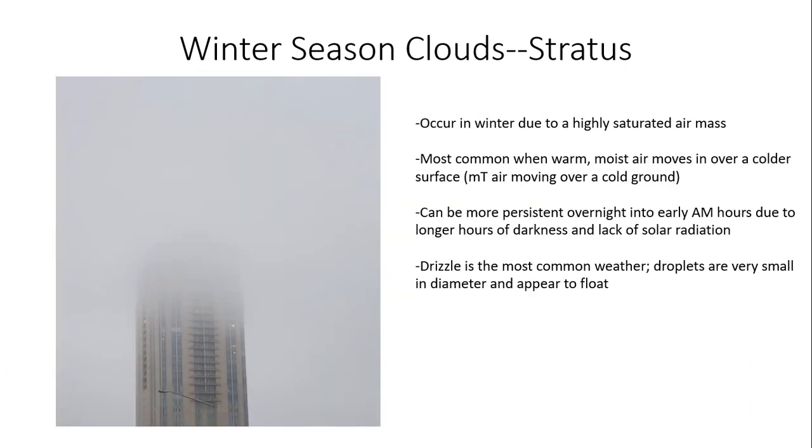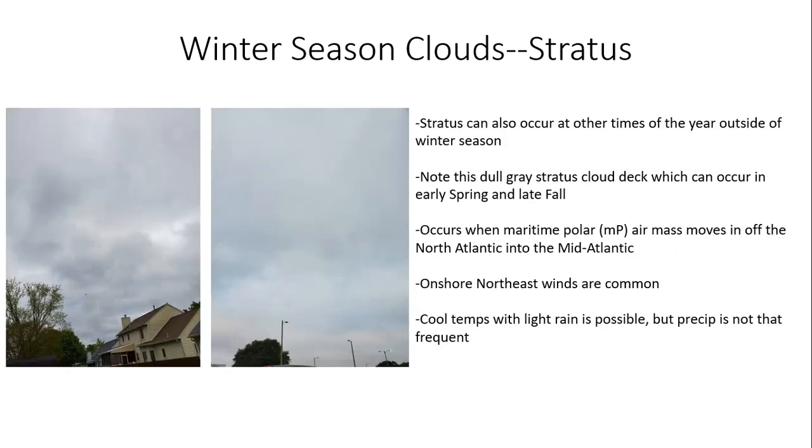So we talked about fog and stratus here, more of a drizzle producer. If you get a thick enough deck of clouds, stratus clouds, or let's say stratocumulus clouds, you might be able to get a little bit of light rain out of those clouds, but it's not going to be very heavy, it's not going to be long lasting, and most likely it's not going to be very frequent. But again, take a look at the pictures I took. Generally a dull gray appearance.